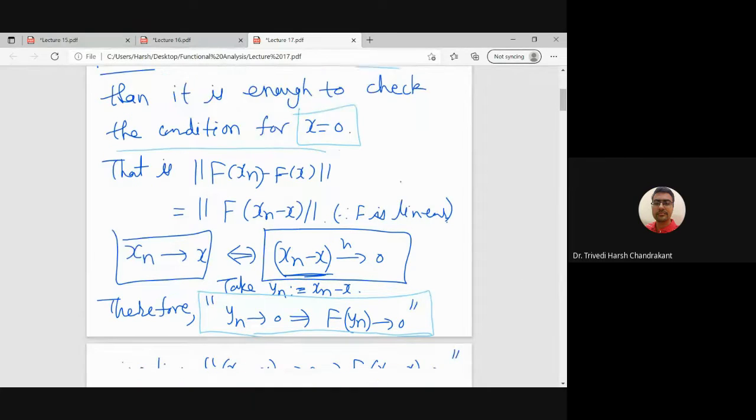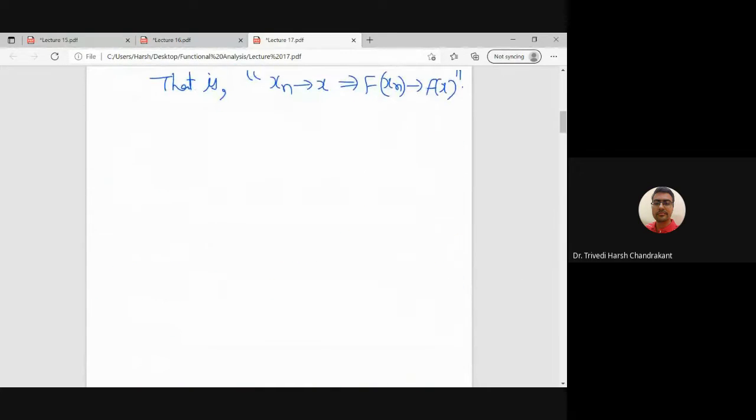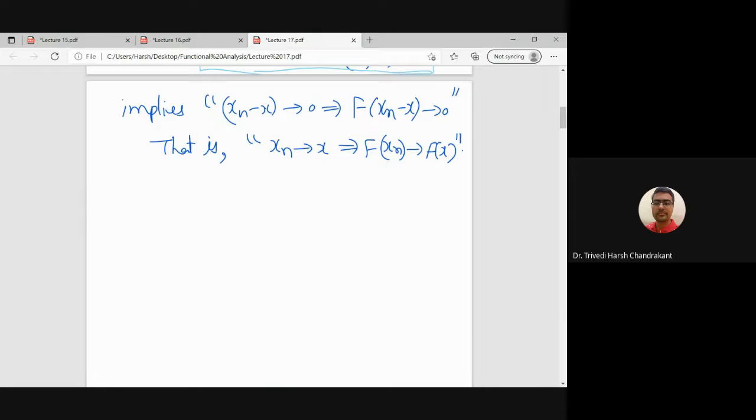So the first result which we want to study is also given in the book of Rudin, the analysis book. In that book, this result is given as a map from Rn to any non-linear space. If you have any map from Rn to any non-linear space, that is always continuous if it is a linear function.